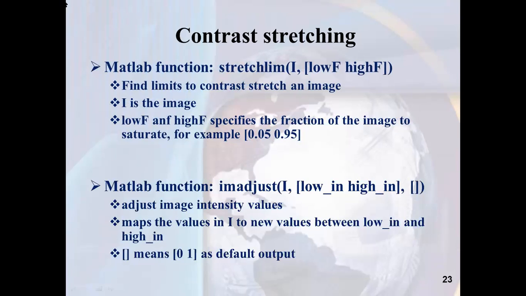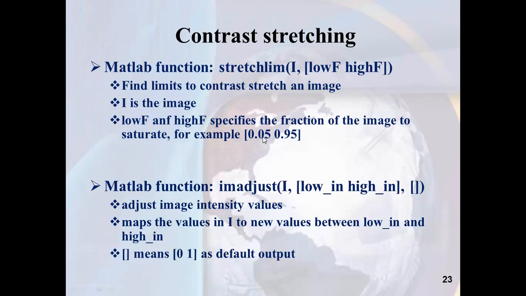So we use the function stretchlim. Stretchlim by itself determines the minimum and the maximum for me. I give it the image and tell it what percentage I want. This function determines the minimum and maximum, so it finds the limits to contrast stretch an image, low and high specified by the fraction of the image.